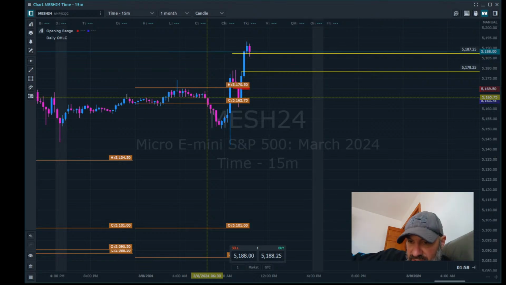But we've got less than 2 minutes left on this 15-minute candle, so we're just going to kind of watch this and see how the 15-minute opens. Then we can jump back down to the 1 minute and look at how that's going.